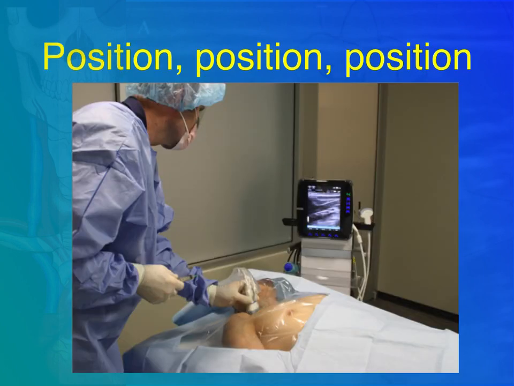Here, position, position, position. I found this image on the web, and I want to point at the operator. Always place your patient in a comfortable position for you. For what you can see here, the operator will need to bend in order to cannulate the IJ.